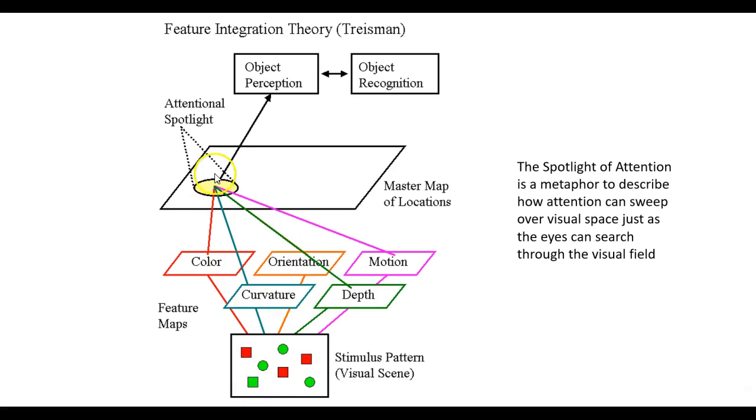Okay? So for Anne Treisman, it's attention that binds these separate features. Okay? And when we do, then we can perceive the object and recognize it. She envisioned attention as a spotlight. If you think about how spotlights work, right?